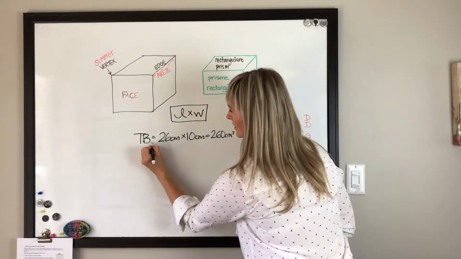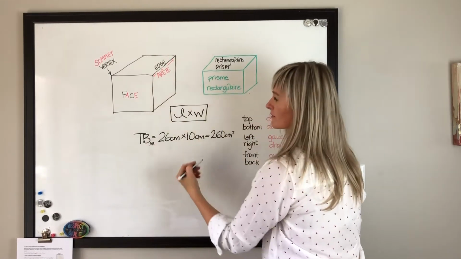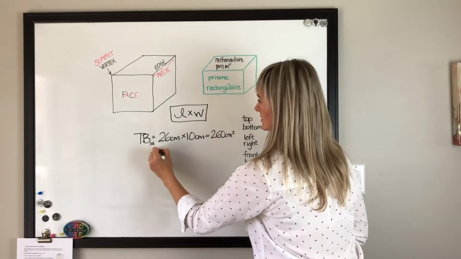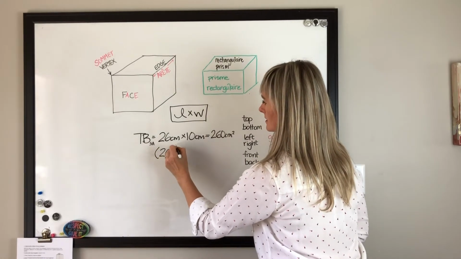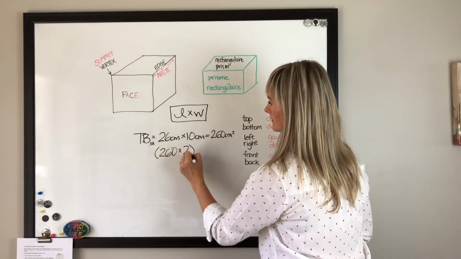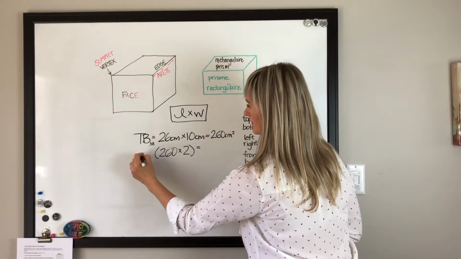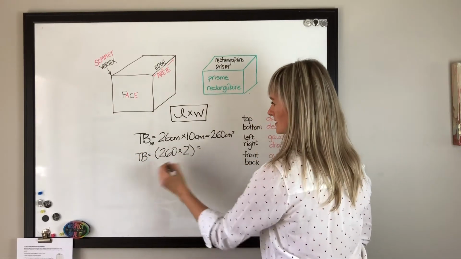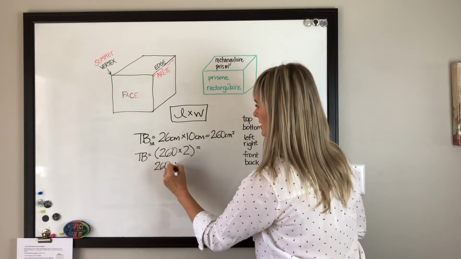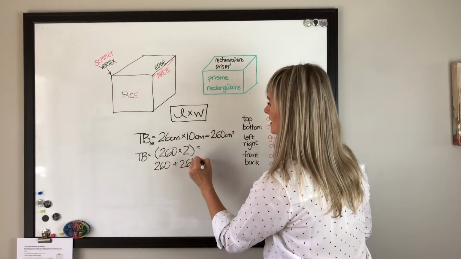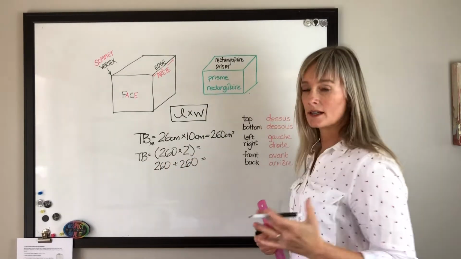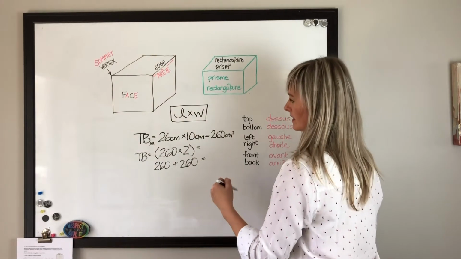That's our surface area. But we have two of those. So you can decide to do this, and that'll be top bottom. Or you can say 260 plus 260 equals your top bottom. You decide how you want to do it, doesn't matter as long as you get it done.